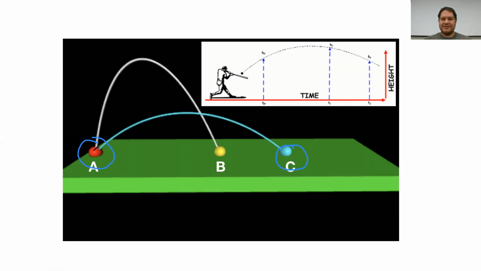Or maybe it's on a pathway that it will actually land at position B. And again, I can determine the time and essentially the exact spot at B that the baseball should hit, okay?